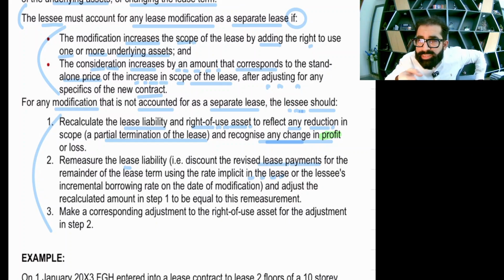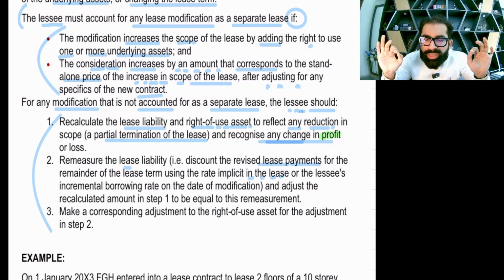But let us say if we delete something, if we reduce the lease scope, then the upper conditions are not met. So in that case you need to recalculate: your lease liability will go down and your ROU will also go down. So first of all you need to make an entry.